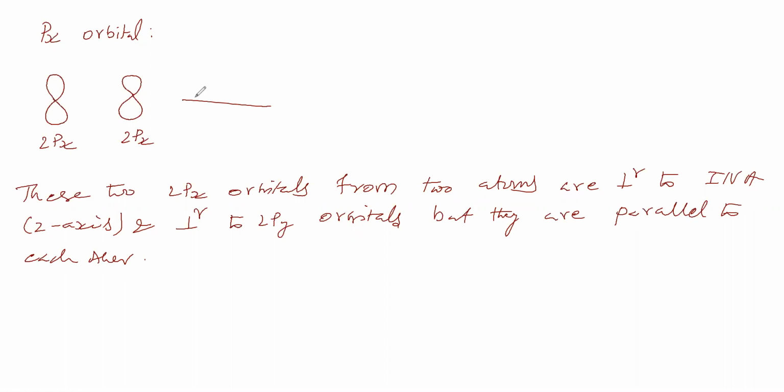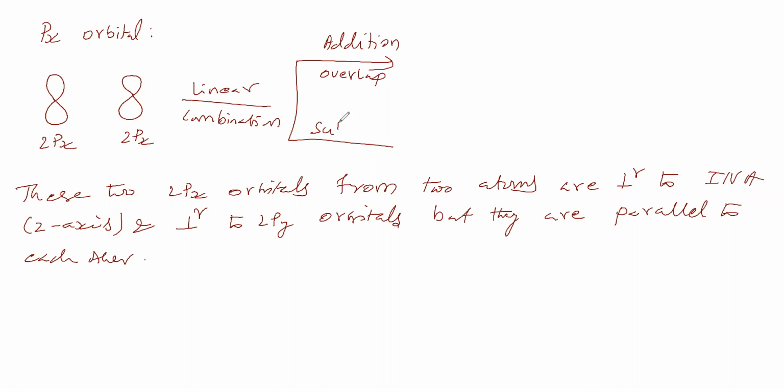Now they are going for linear combination. Linear combination means two things are possible: one is addition overlap, another is subtraction overlap.